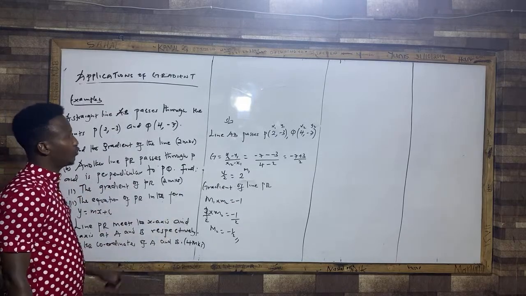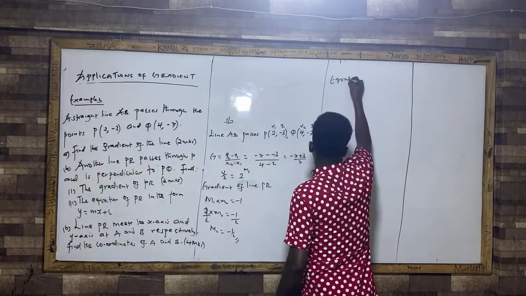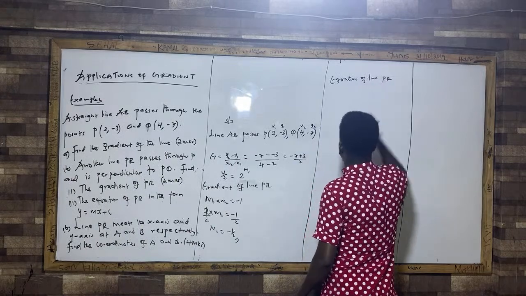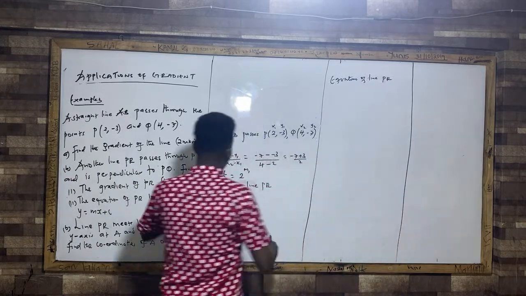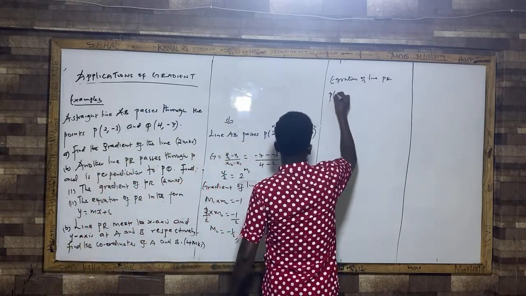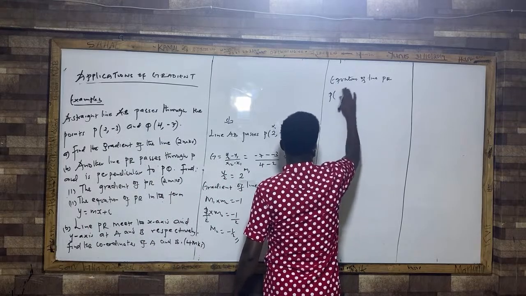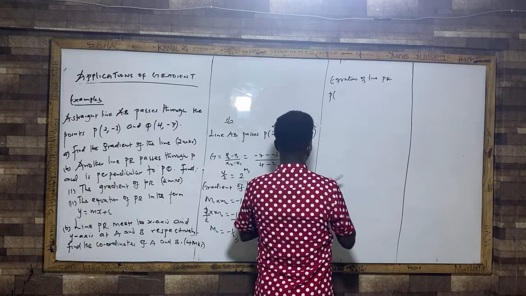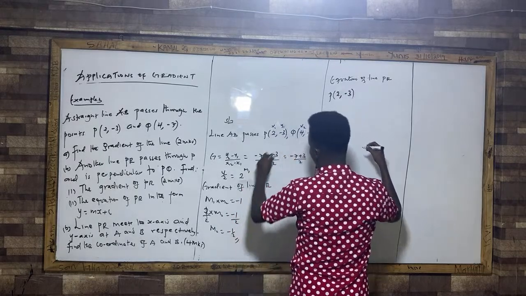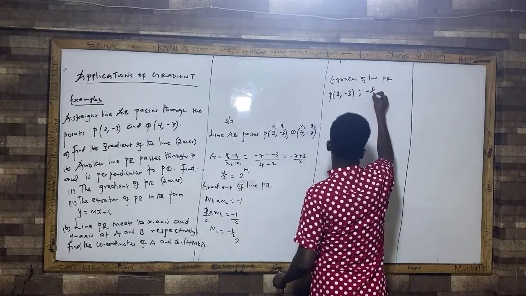Then you're told the equation of line BR. So if I want to get the equation, look here. Equation of line BR. What do I have? I have a point because the line is passing through B. So I have B, which is (2, -3), plus the gradient, which is negative half.